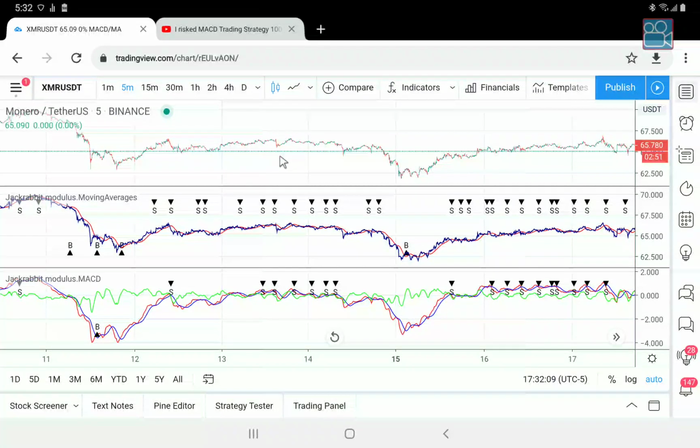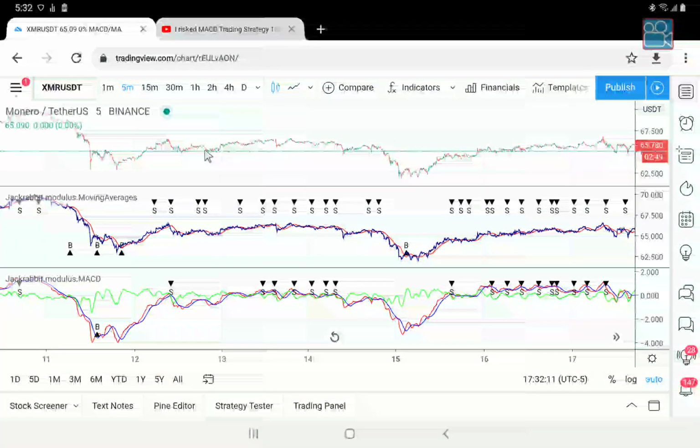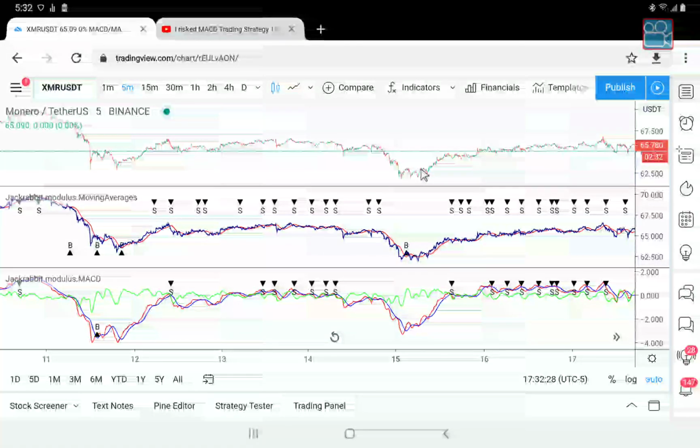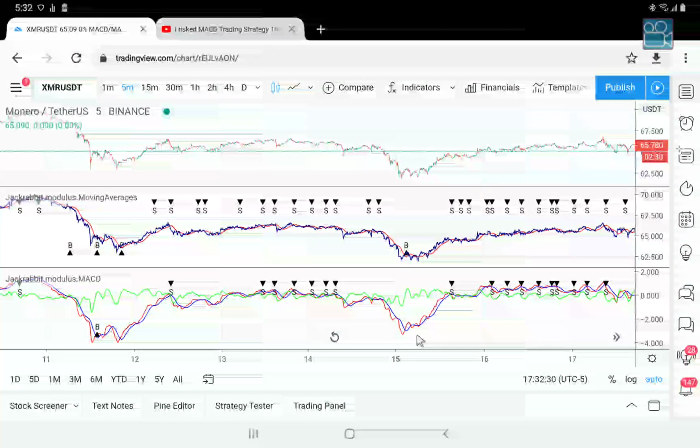Here's a good example. The channel really doesn't go very far. And it just kind of stays here. But as you can see here, it purchases, it sells. But notice here, it did not purchase in this area. It just wasn't strong enough.